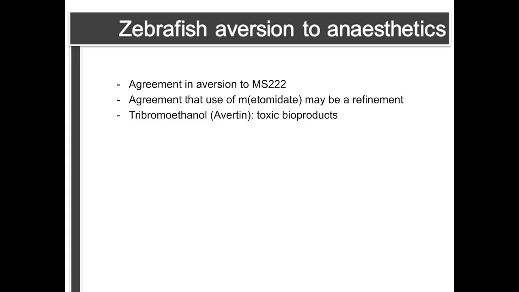It has some risk because it can produce some toxic byproducts. In one of the articles, isoeugenol was aversive, but in the other, clove oil was not. Of course, these are two different anesthetics with different chemical properties, although similar, but we don't really know if this difference is because of that or because there are different behavioral paradigms.